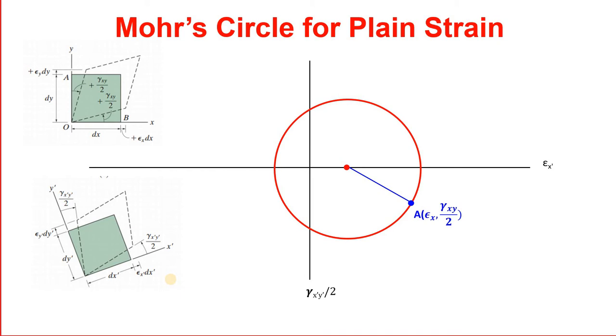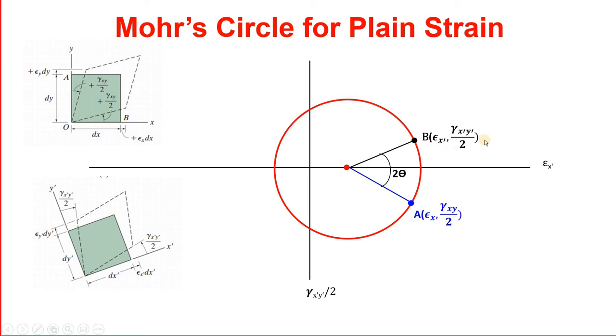But if you want to use Mohr circle, then if this x prime is at angle theta with the x-axis, in Mohr circle you will locate a line which is at 2 theta from the reference line CA. So this black point is giving you the coordinates epsilon x prime and half gamma x prime y prime.